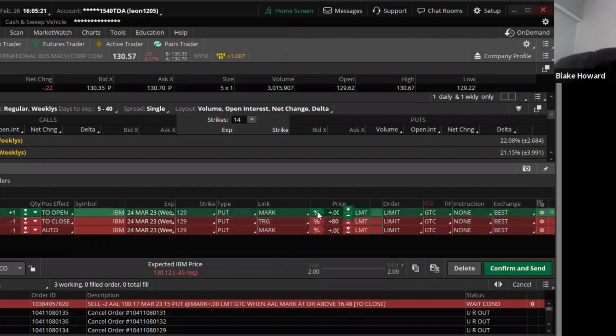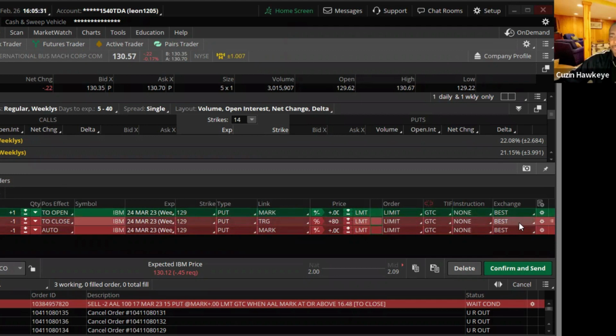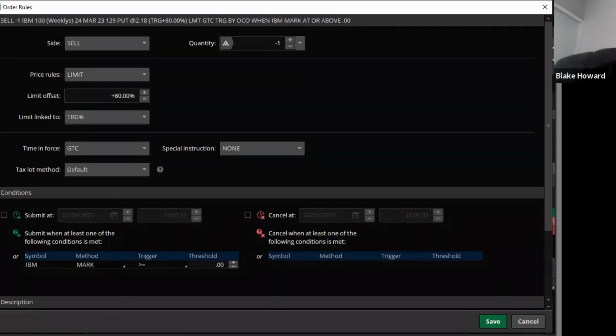Okay, wait, go to your cogwheel again. Which one? Is it the little settings? Yeah, but the pink for the sell or for the buy? For the sell. So threshold you mark to 0 because it triggers off of the percent. Oh yeah, I'm sorry, that's what you were talking about.